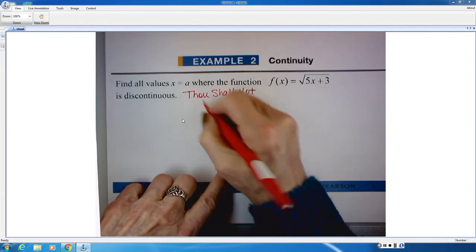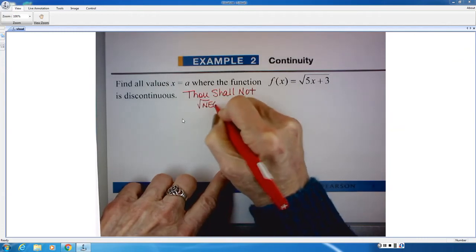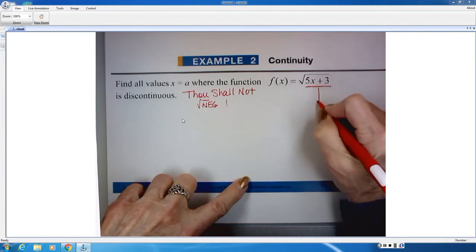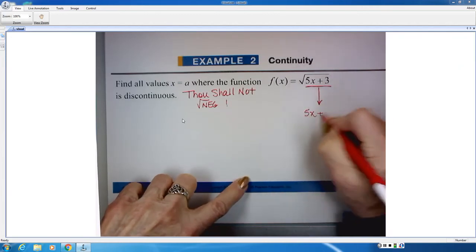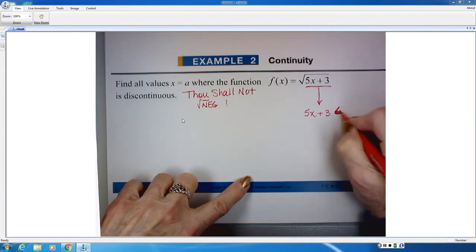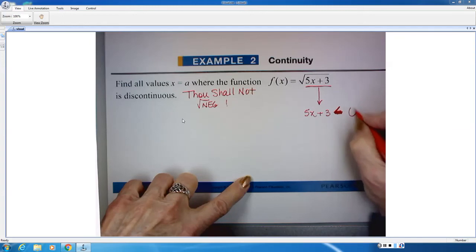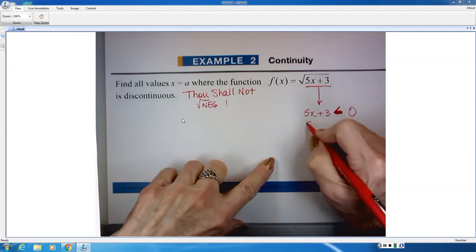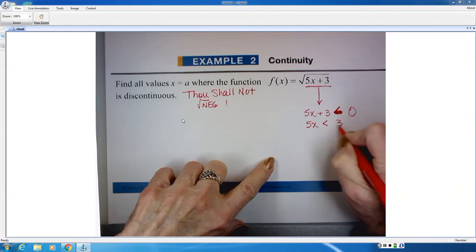Therefore, what would cause me to violate that rule would be if 5x plus 3 were to be less than 0. Actually it could be equal to 0, because we can take the square root of 0 without a problem. Okay? That means that 5x is less than -3 and x would be less than -3 over 5.